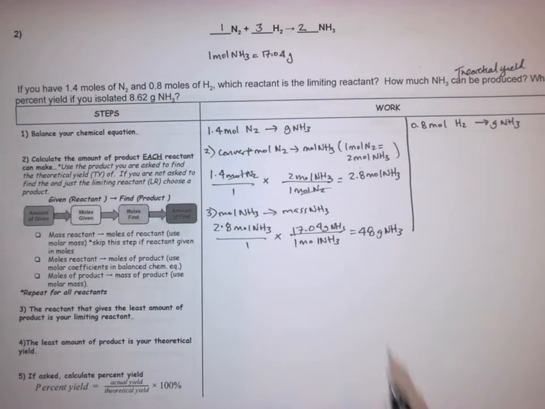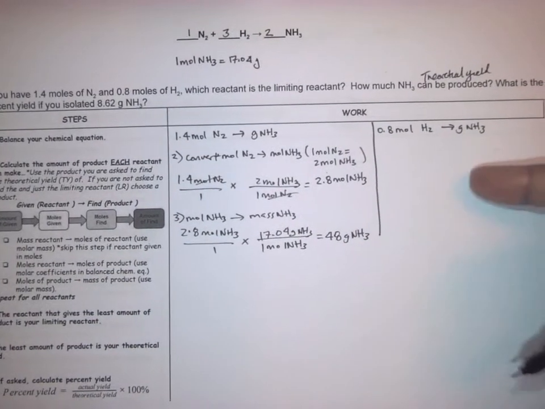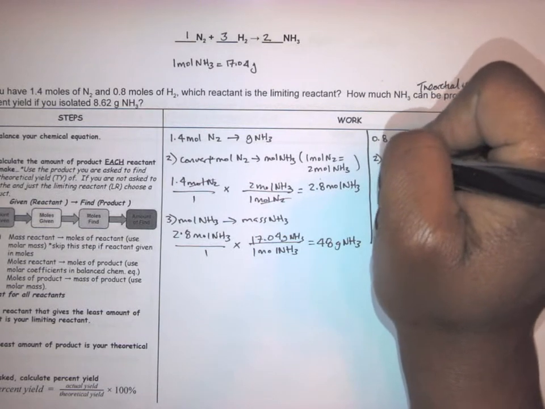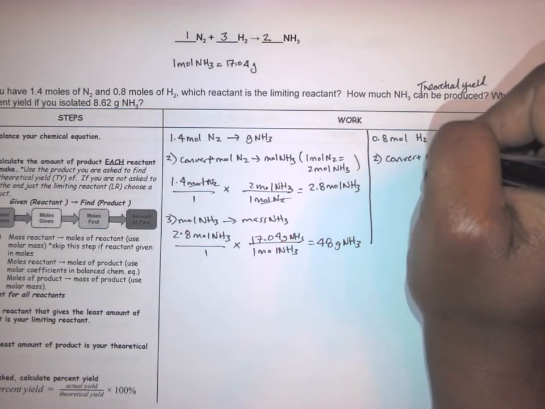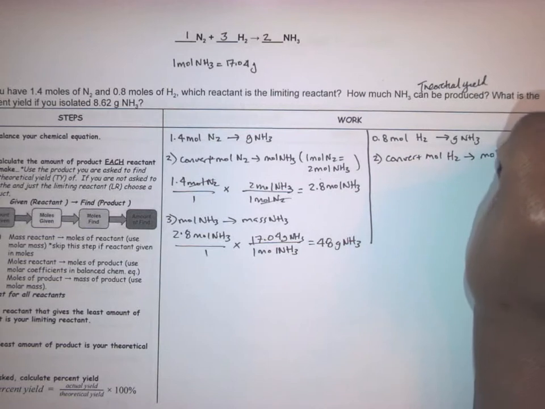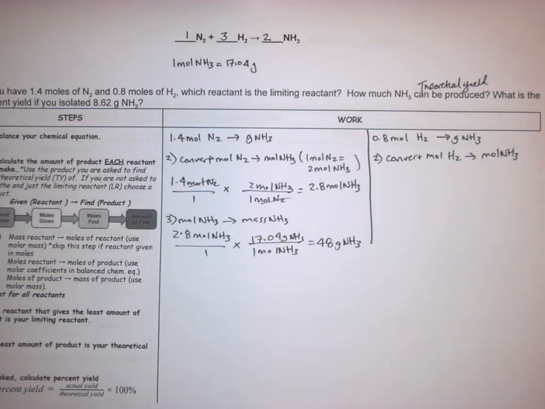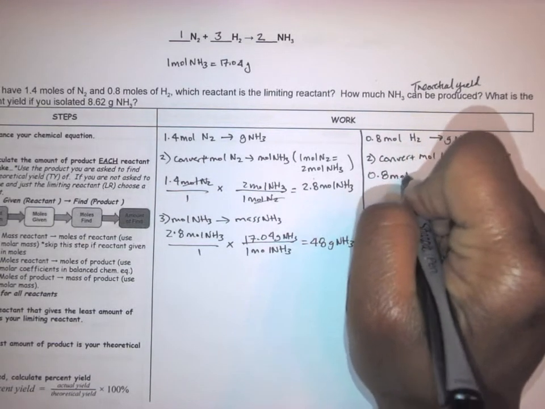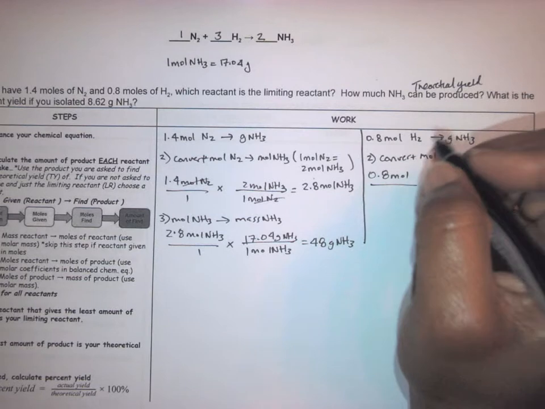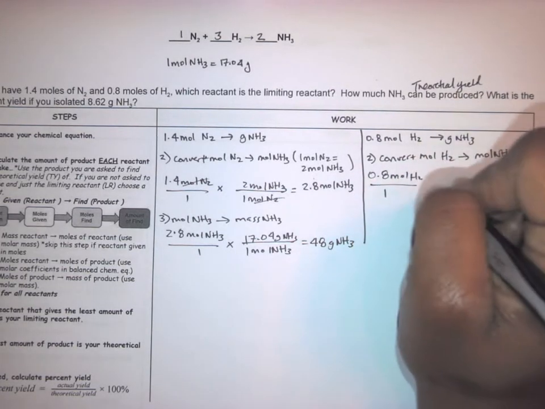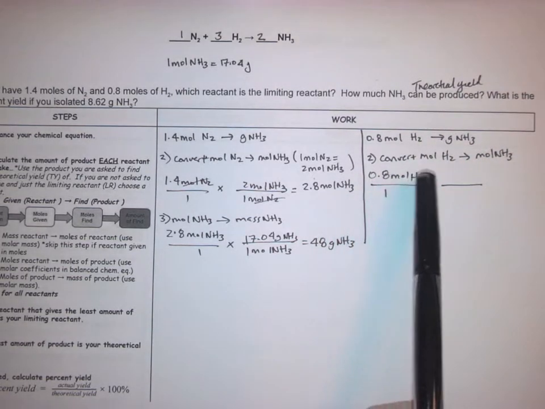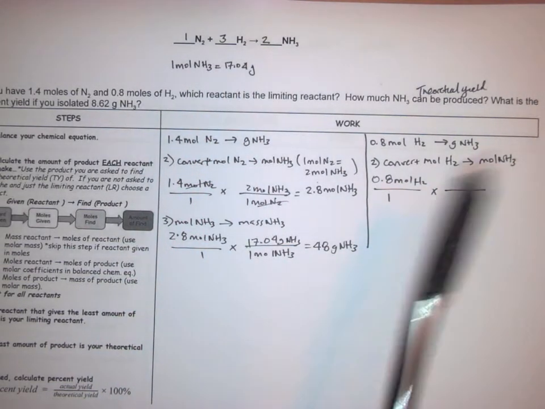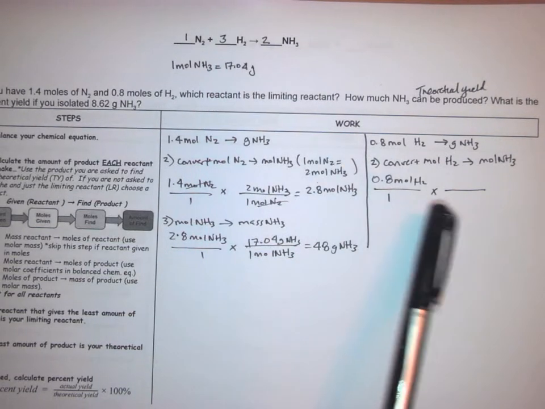Okay. All right, cool. We're going to do the same thing for H2, and we're starting with 0.8 moles. In the case of the conversion from H2 to NH3, these are the coefficients we're going to use. So we're going to put the 3 moles of H2 on the bottom, so moles of H2 cancel out.